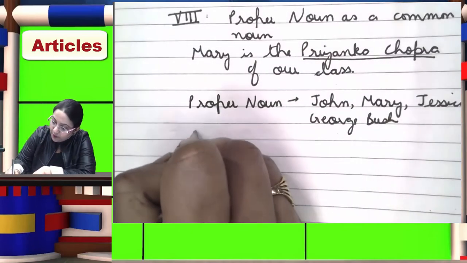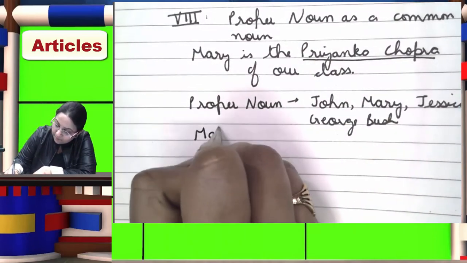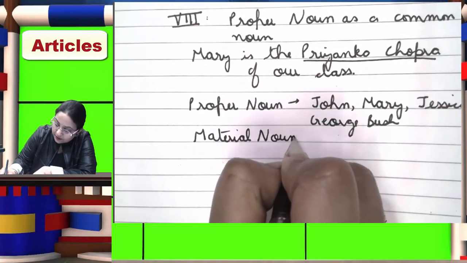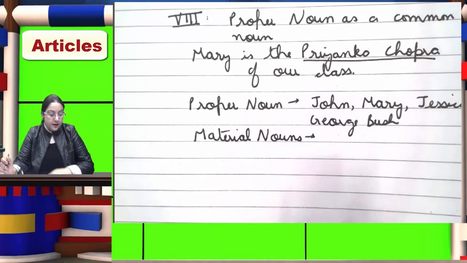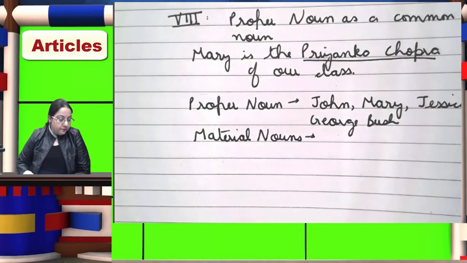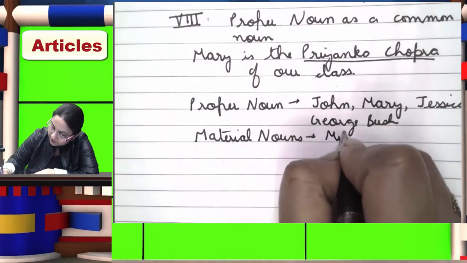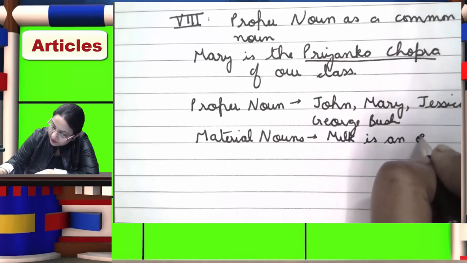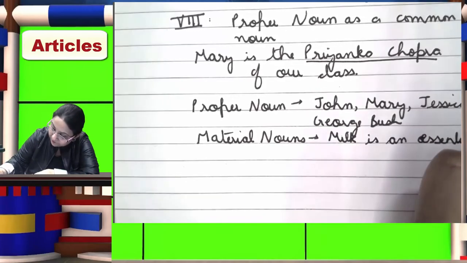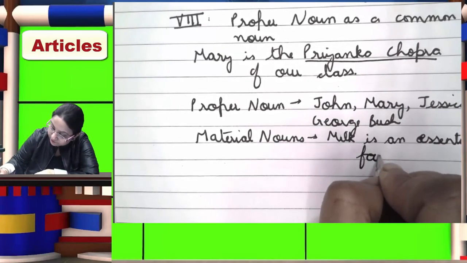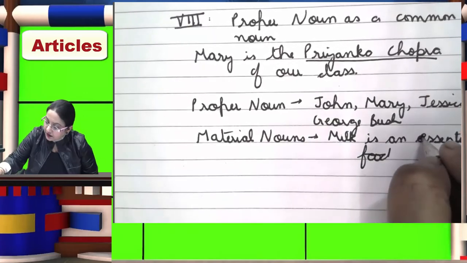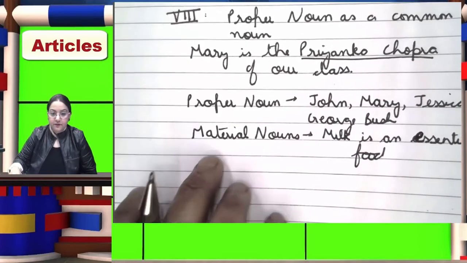Again, whenever we are talking about material nouns, like if I say that milk is an essential food, we do not require any article before milk.